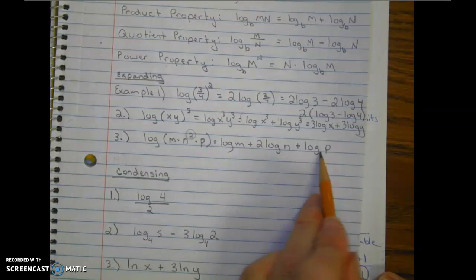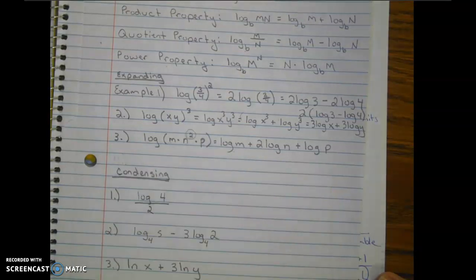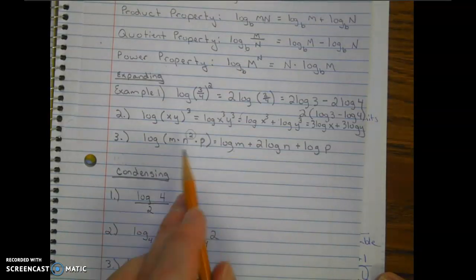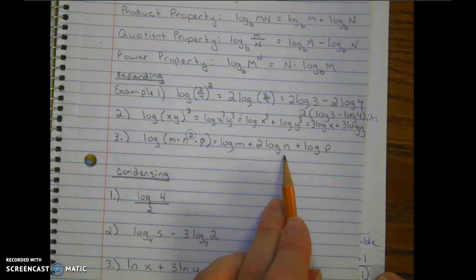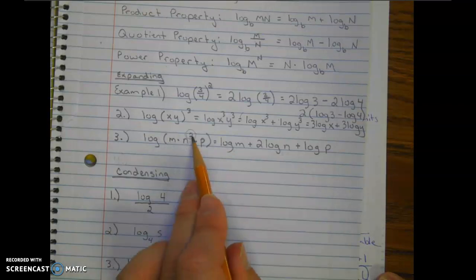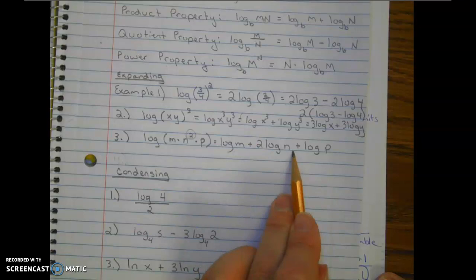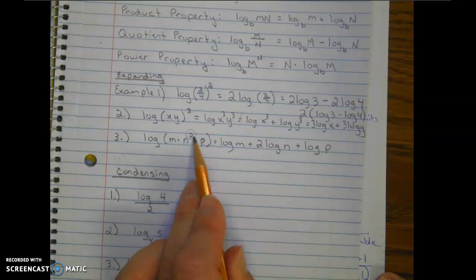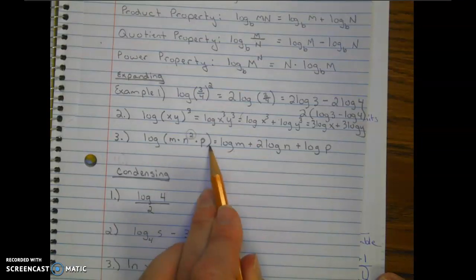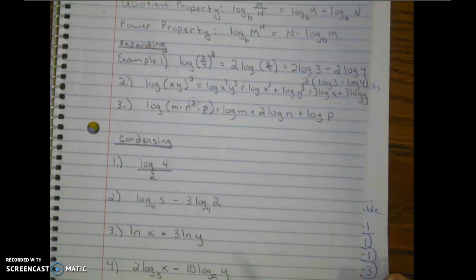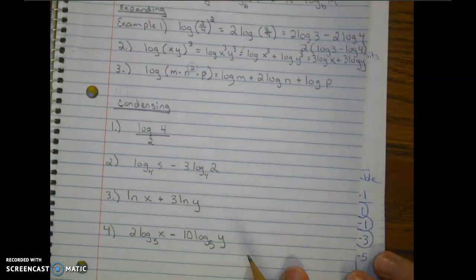And again, these are all base 10, called a common logarithm. And so we've expanded this. Very important, the 2 only went on the log of n, because only n was squared, not the m or the p. Okay, let's look at some condensing examples now.